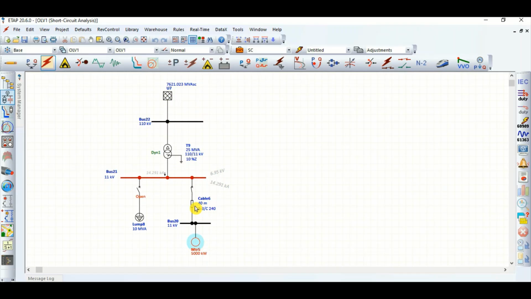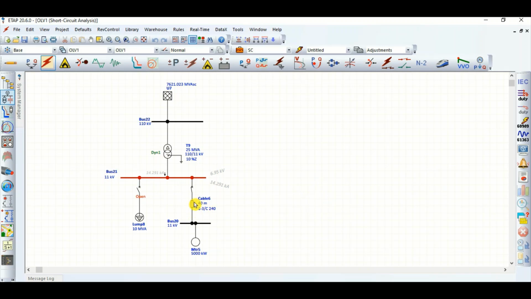Also, the motor and cable impedances are in series, but these two branches are in parallel, because we are creating the fault here at the 11 kV side. That means the equivalent impedance will be this impedance in parallel with this impedance, right?